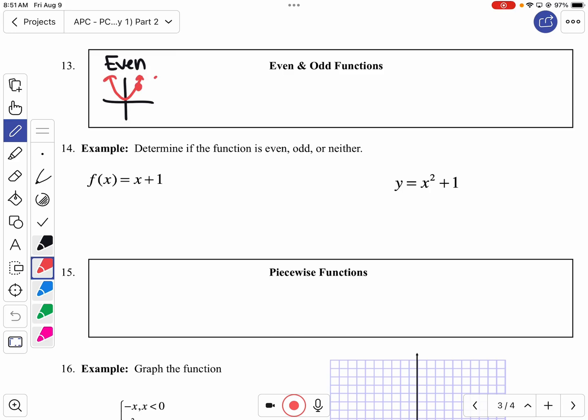So if you have the point x, y, you also have the point negative x, y. Algebraically, remember we would write that f of negative x equals f of x. If I plug in a negative x everywhere in my equation, I should get the original back. Okay, so an even function is symmetric about the y-axis.